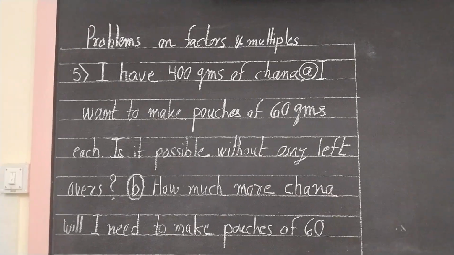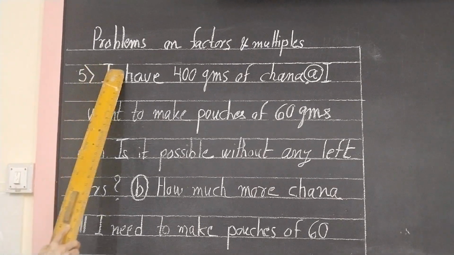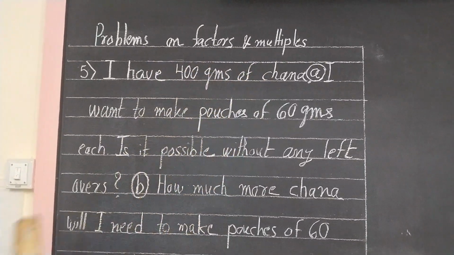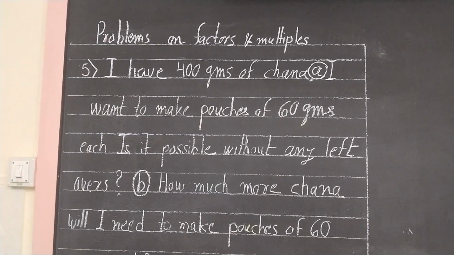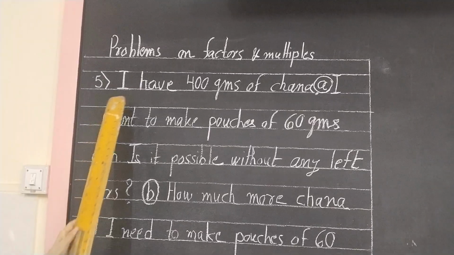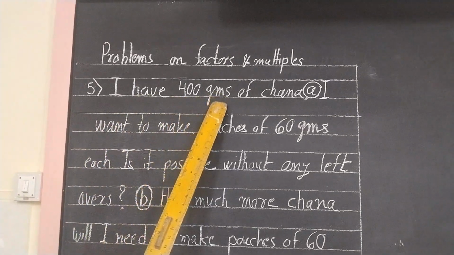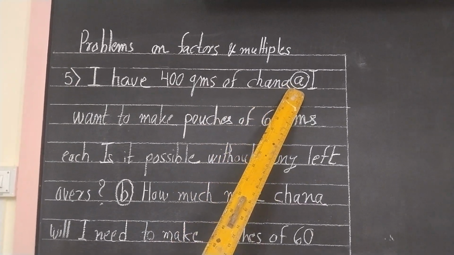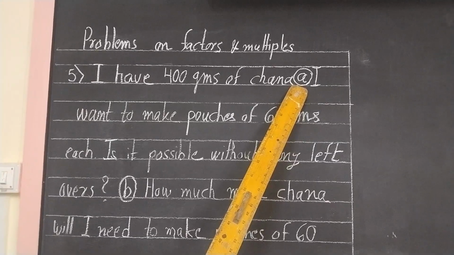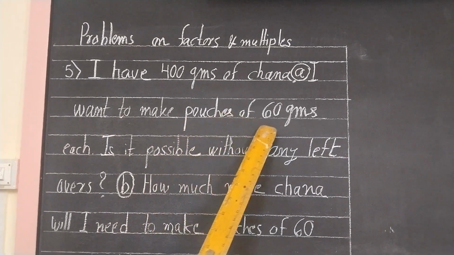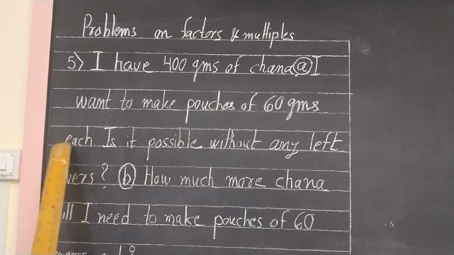Ready? Now let us take one more problem on factors and multiples for practice. Now here I have 400 grams of chana. A part of the question is: I want to make pouches of 60 grams each.